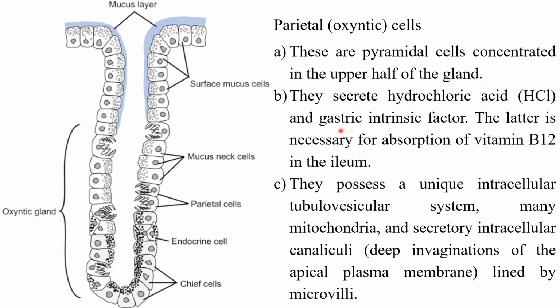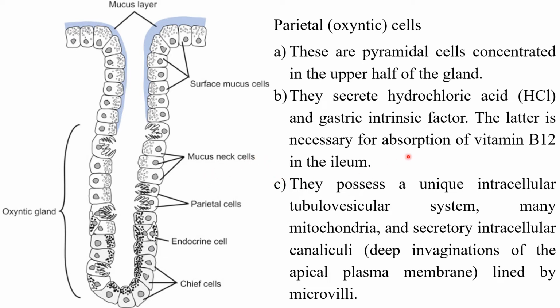So here you cannot see them in the anterior most part, and not even are they present in the posterior most part. They are generally restricted to the upper half of the gland. That doesn't mean that they should not be present in the base, but much of the concentration of these cells could be observed in the upper half.